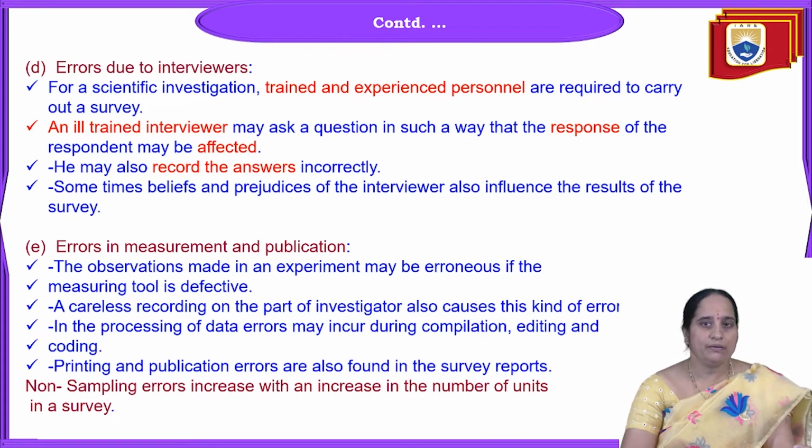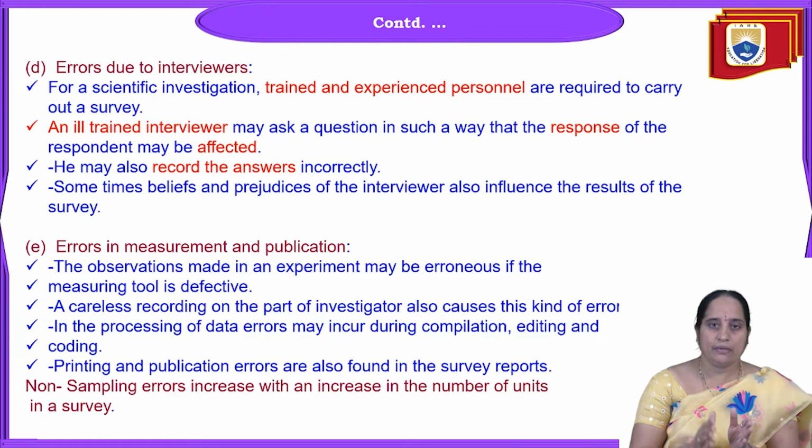Non-sampling errors occur mainly as you increase the number of units in the survey. Whereas with sampling errors, if you increase the sample size, we can reduce or minimize them.